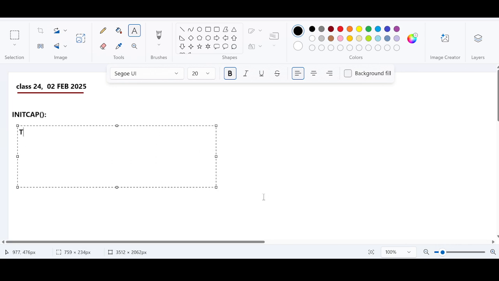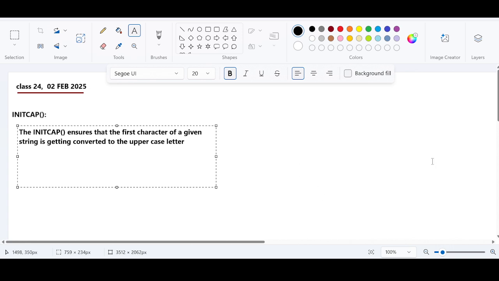The init cap function ensures that the first character of the given string gets converted to the uppercase letter.